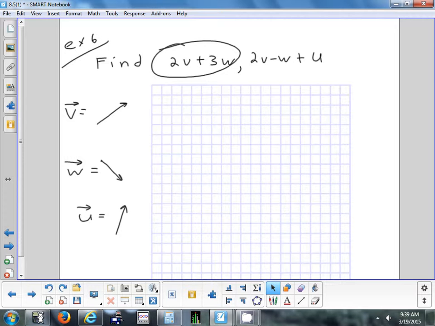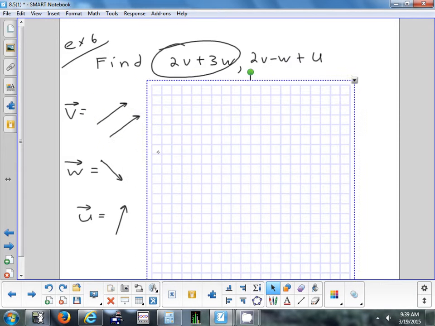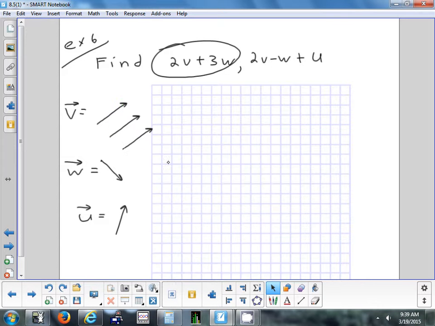I want to find 2v plus 3w. First step would be you want to find 2v. So how could I do that? Let's say I'll make a few copies of it. Just double it, so we join these two together. It doesn't matter where you put your initial point. Just put it right there. Okay, so there's 2v.